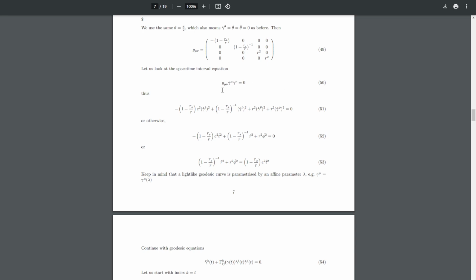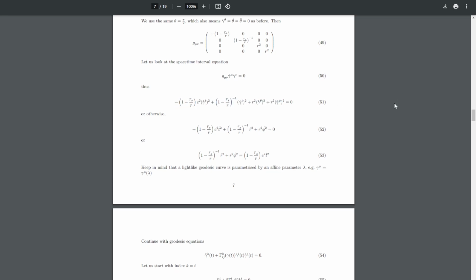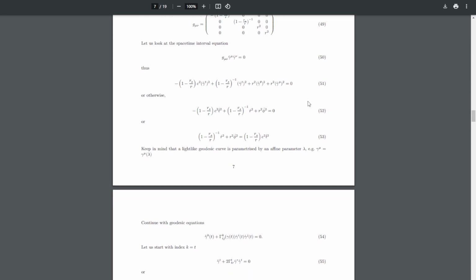Now, if we just, of course, expand out this tensor equation right here, we end up with the following. And if we continue with some further substitutions, of course, the gamma dot t, we can substitute it only using t dot.